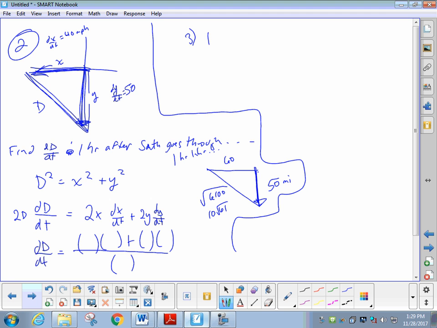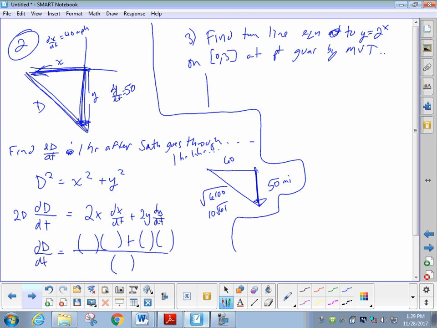3 says, find the equation of the tangent line to y equals 2 to the x on 0 to 3 at the point guaranteed by the mean value theorem. Okie dokie. A picture might help to illustrate the idea.